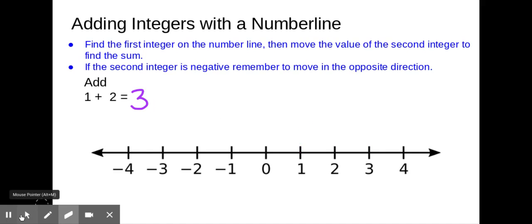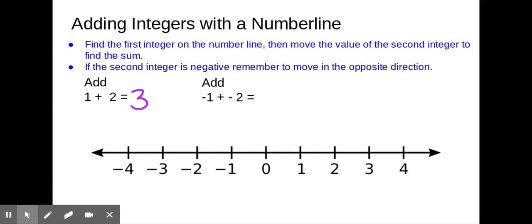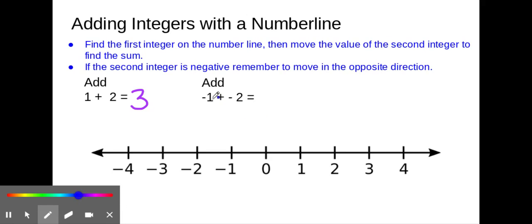So let's go ahead and try another one. This time we're going to use one of our opposites, or a negative number. We have negative 1 plus negative 2. So we're going to do the same basic idea. We're going to start with the first integer. Our first integer is negative 1. So we're starting here. And it says negative 1 plus negative 2.